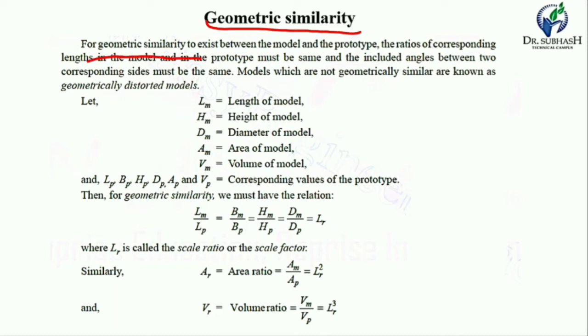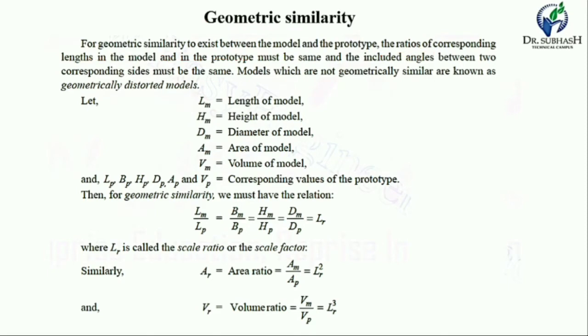For geometric similarity to exist between the model and prototype, the ratio of the corresponding lengths in model and prototype must be the same, and the included angle between two corresponding sides must be the same. Models which are not geometrically similar are known as geometrically distorted models.